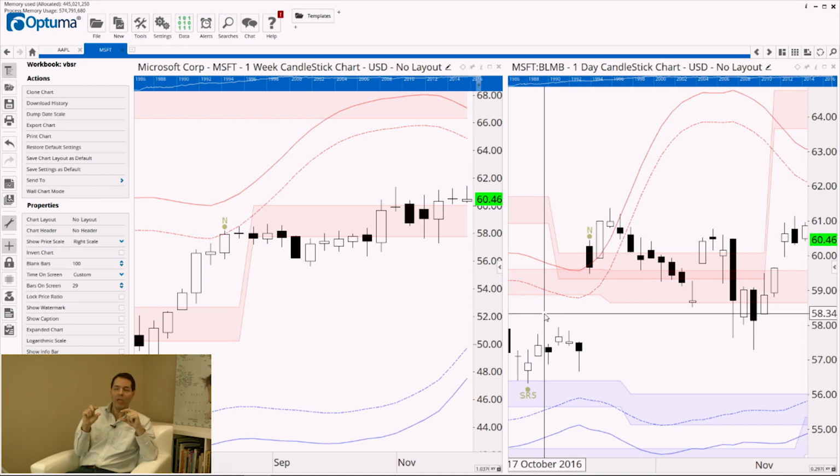We call this zone a compression. It's very common for price to go up into the zone of support resistance, then go back down to the bottom, and trade inside of that for some period of time. That's very common.